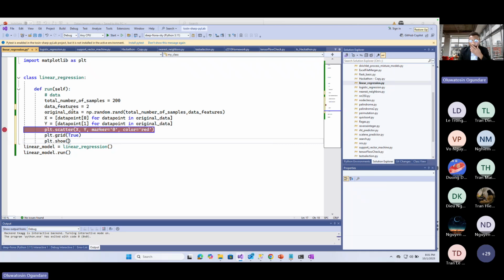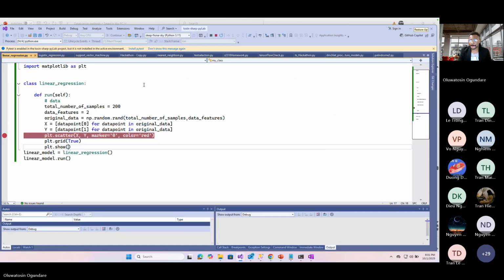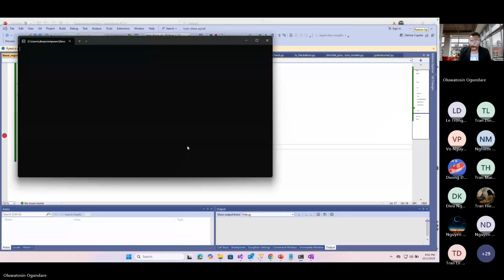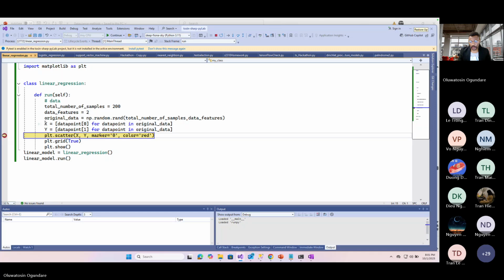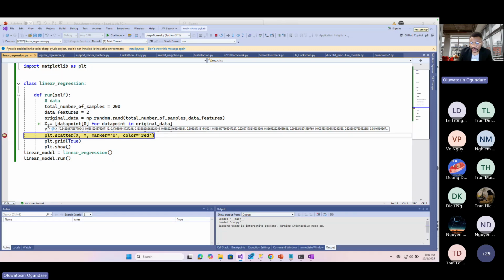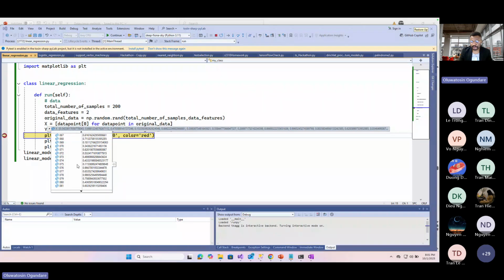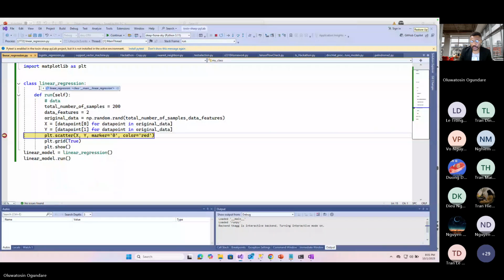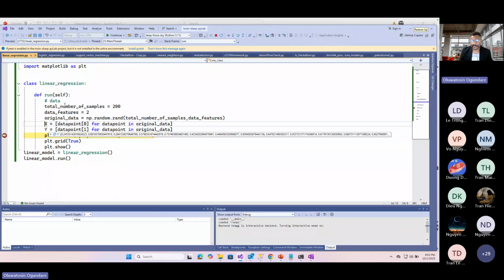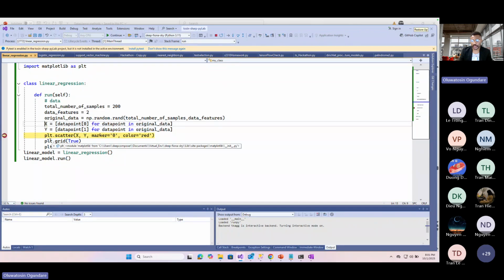All right. So let's run this. Let's see where we are. Okay, so we have a sequence of X's and Y's, and we hope to be able to plot them and see.